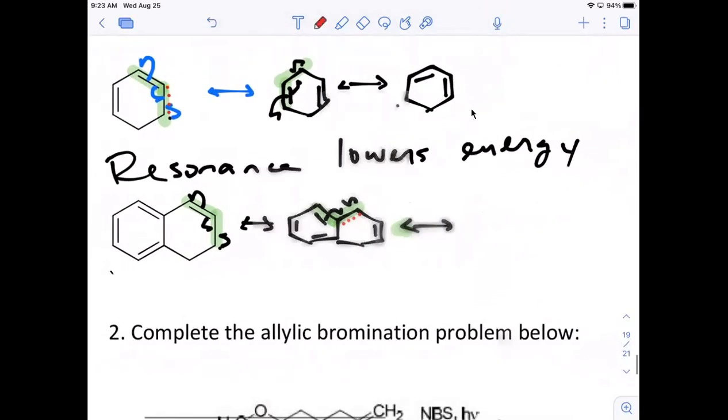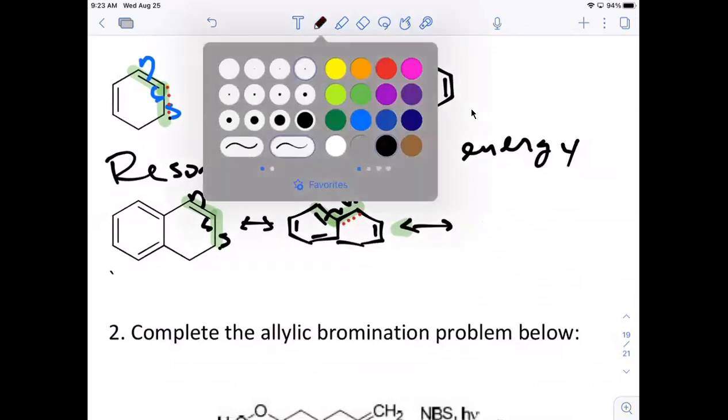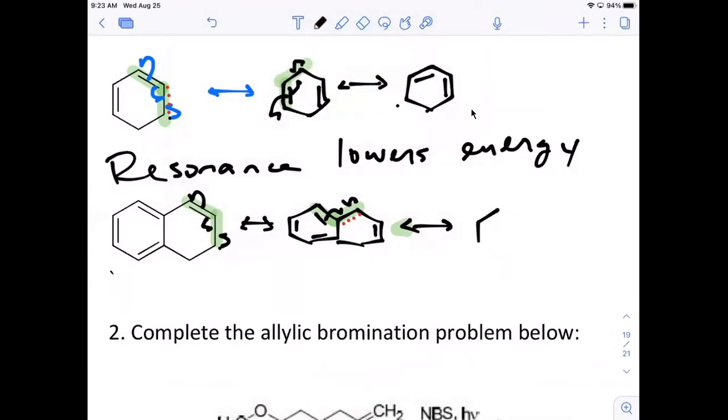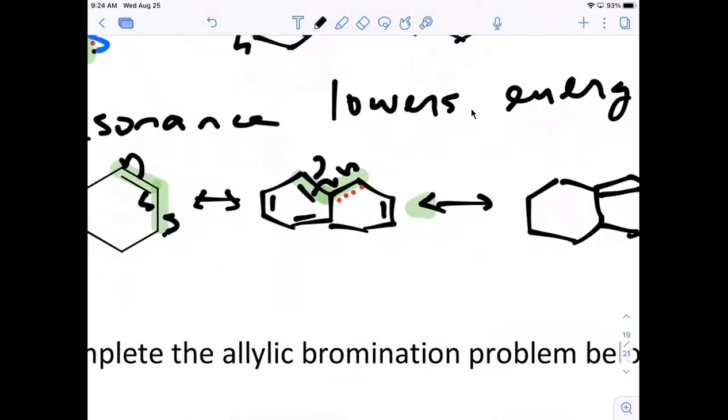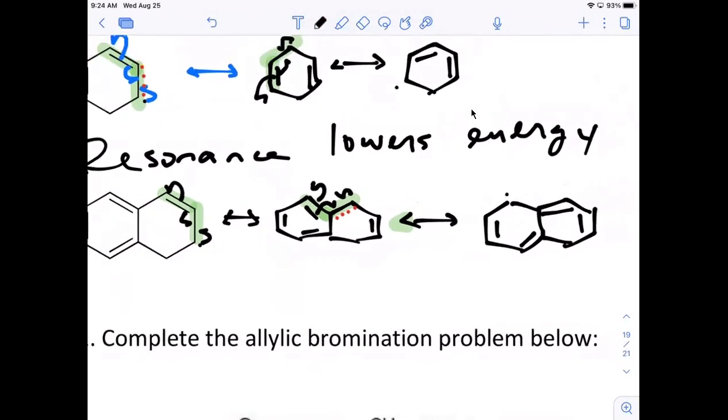that's gonna end up being a pi bond. Right. So on the other side of the resonance arrow, this is what I'm gonna get. Right, so that's still there. That's there. And then I need to put one more arrow in that pi bond to show where that last electron is going.